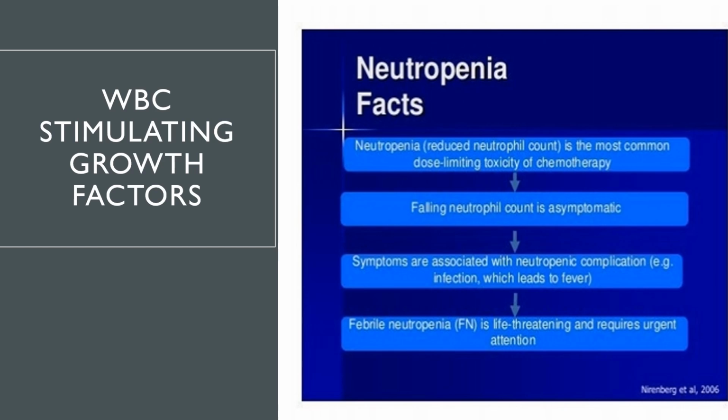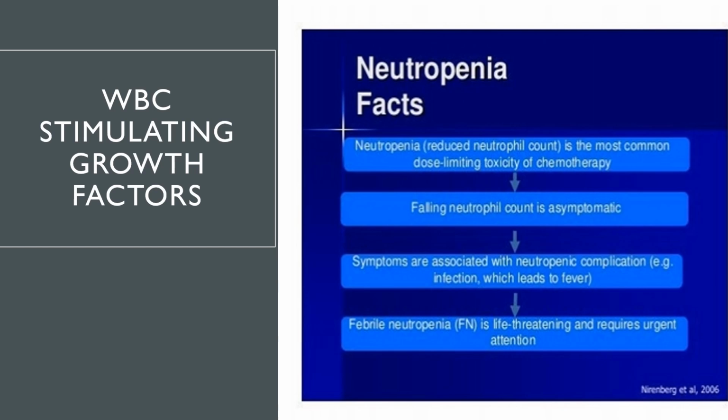As it drops below 1,000, it becomes moderate neutropenia, and then below 500 is severe neutropenia, where you're at high risk, and we'll consider using a growth factor to stimulate neutrophil and white blood cell production in the bone marrow.